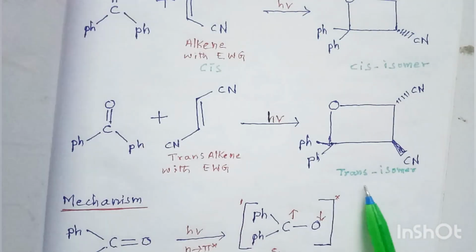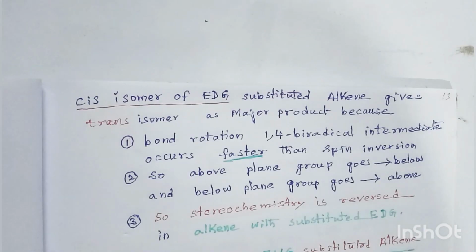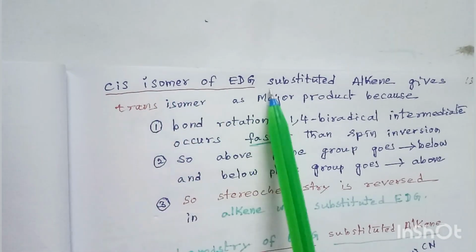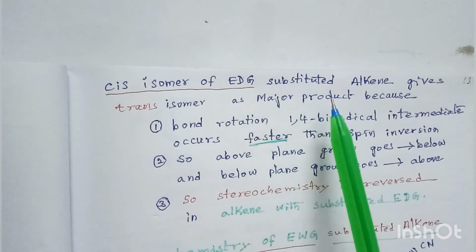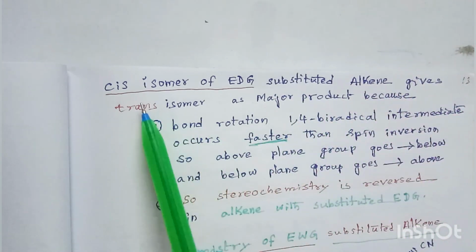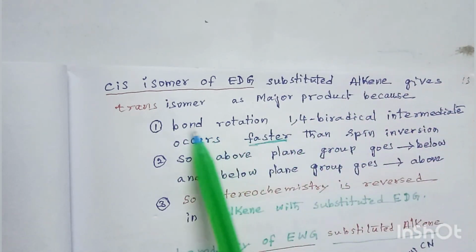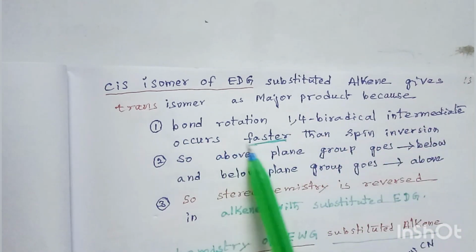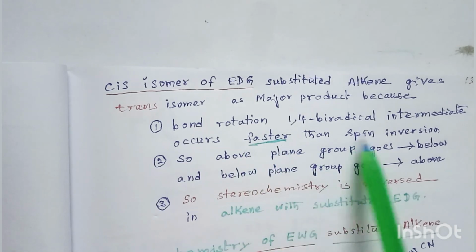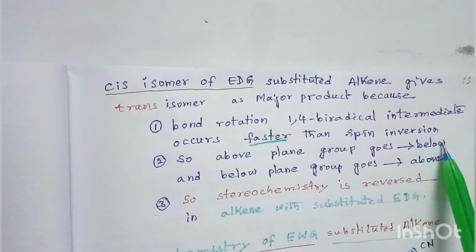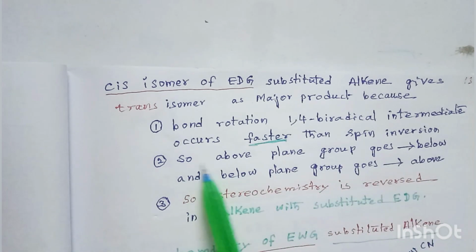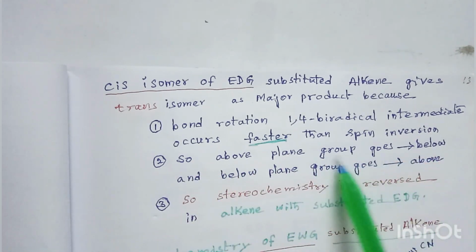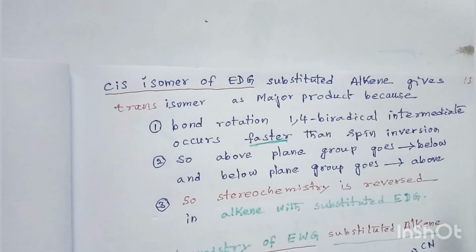Let us see why. The cis isomer of an electron donating group substituted alkene gives the trans isomer as the major product because bond rotation of the 1,4 biradical intermediate occurs very fast, faster than spin inversion of the 1,4 biradical. So the above plane group goes below the plane and the below plane group goes above the plane.